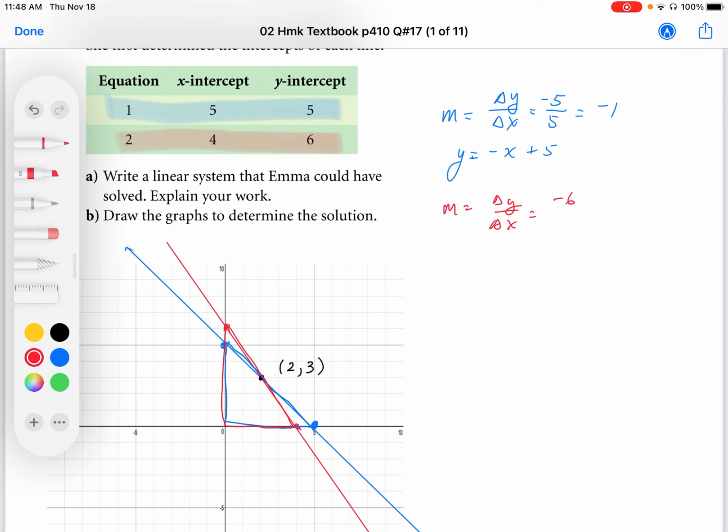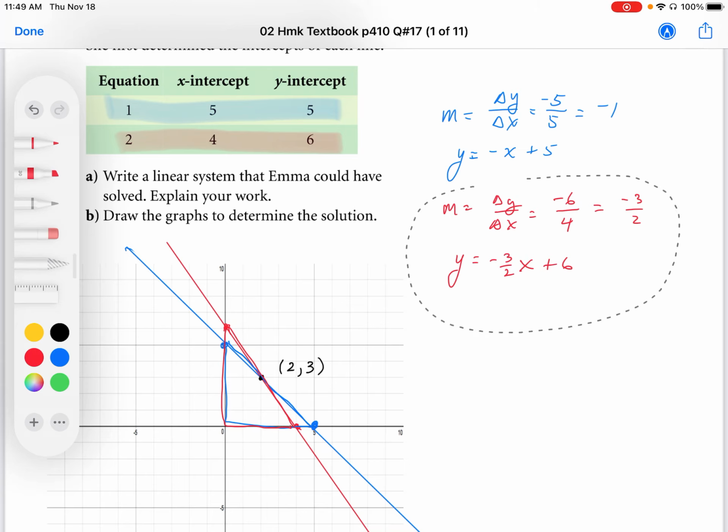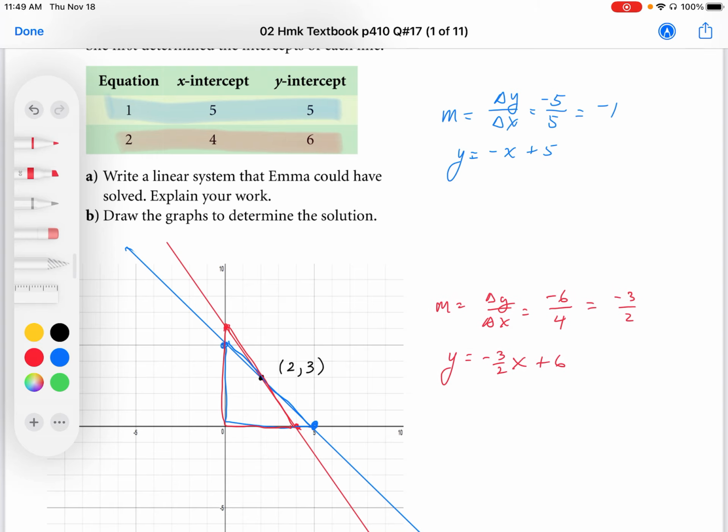It looks like it's going to go down 6 over 4. So that's going to be a slope of negative 3 over 2. And we can see that the y-intercept is going to be at 6. So the equation is y equals negative 3 over 2 x plus 6. Okay, so that's one way we can get the equations.